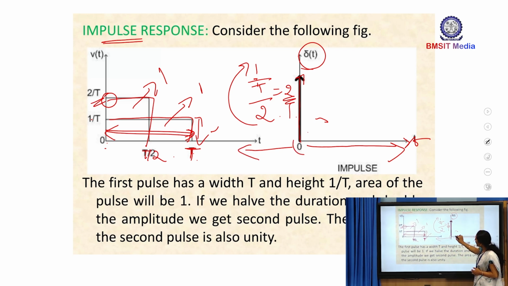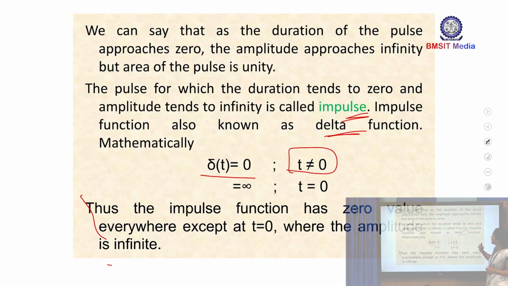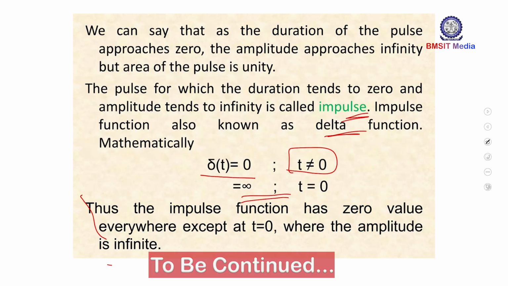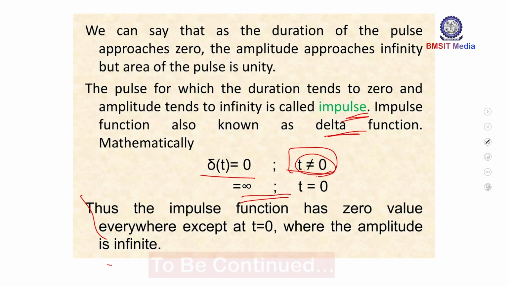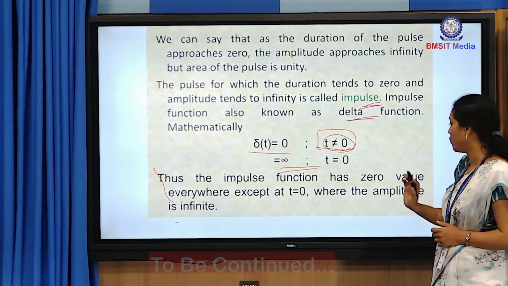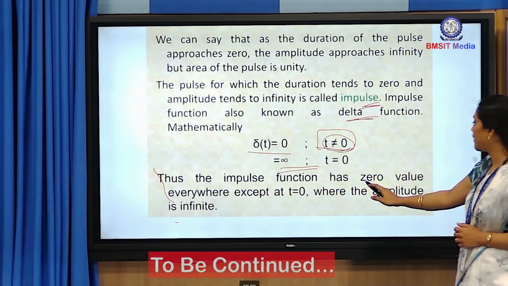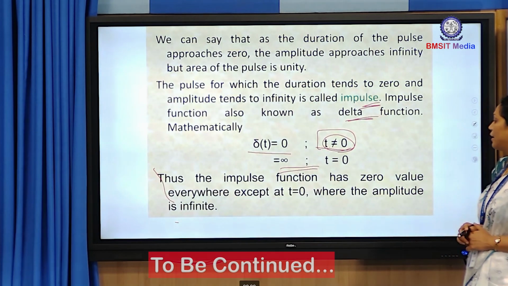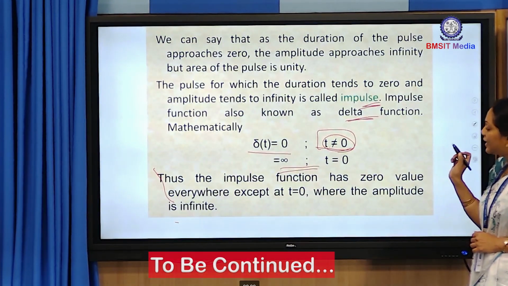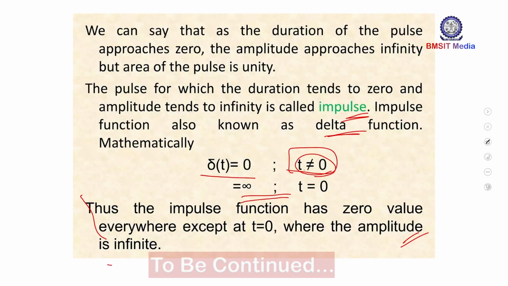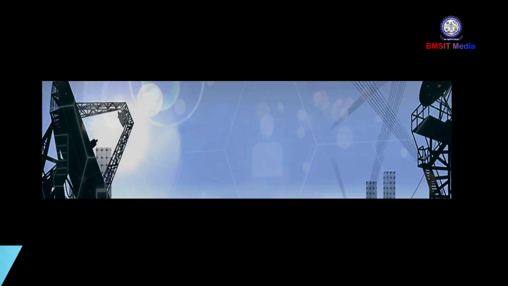Therefore, only at t equal to 0 will I get an infinite value. So, the impulse function has 0 value everywhere except at t equal to 0, and at t equal to 0, the amplitude is infinite.